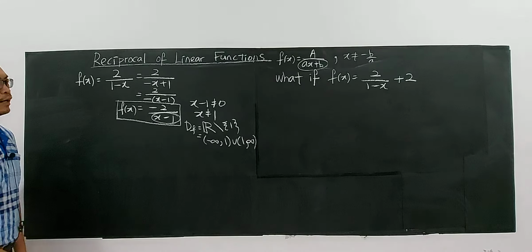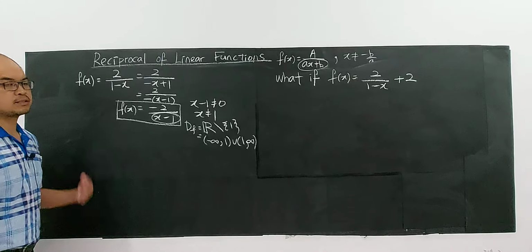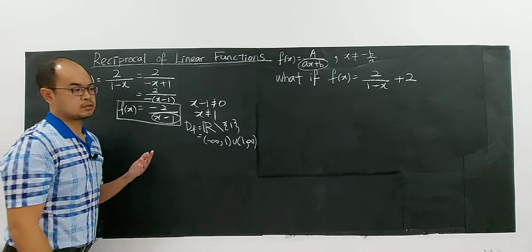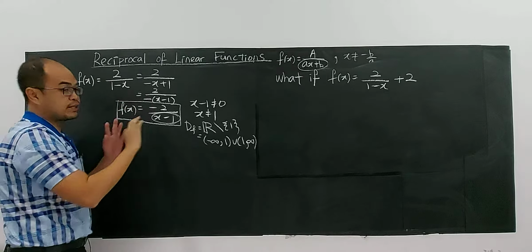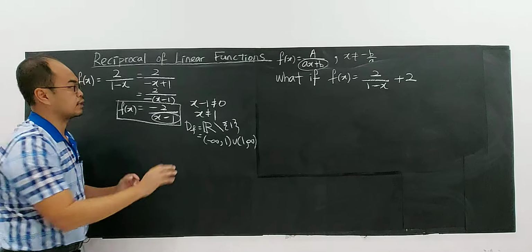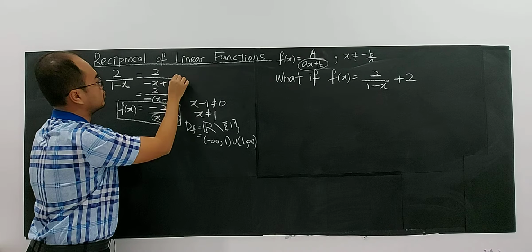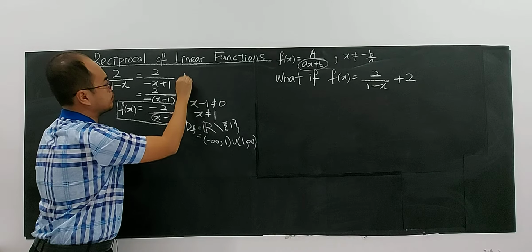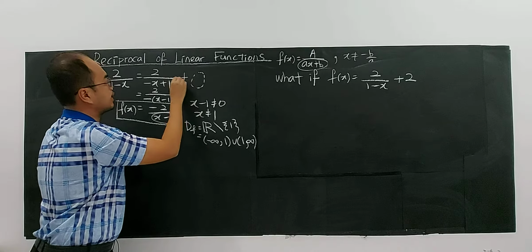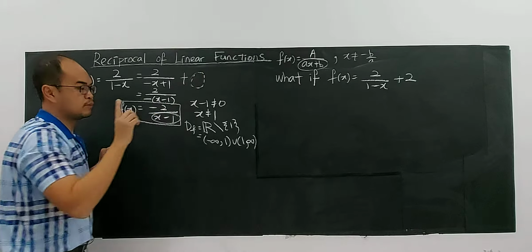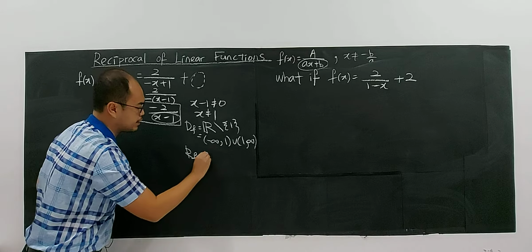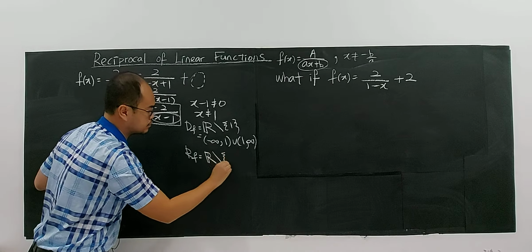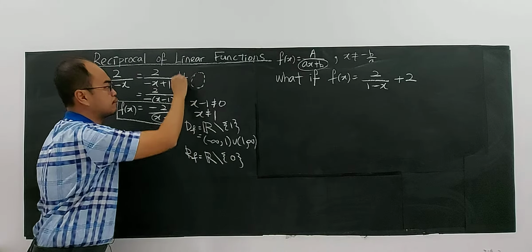How about the range? Range is very simple. As I told you before, the shortcut is you look at this f(x) here. Without sketching the graph, you see they are not adding anything, this is plus 0. It means the range is any number except 0, following the number here.